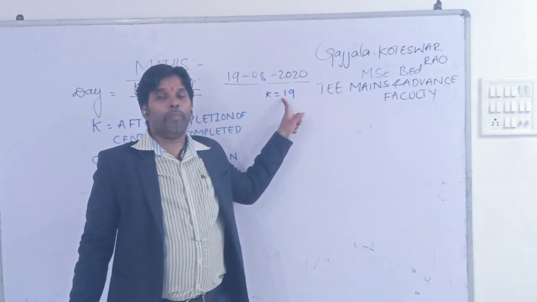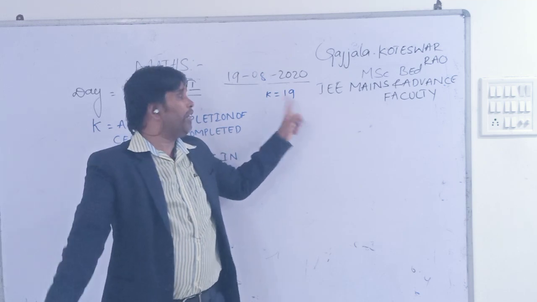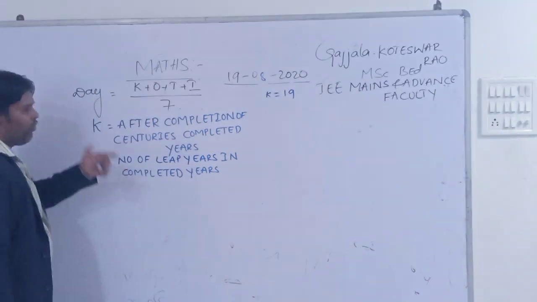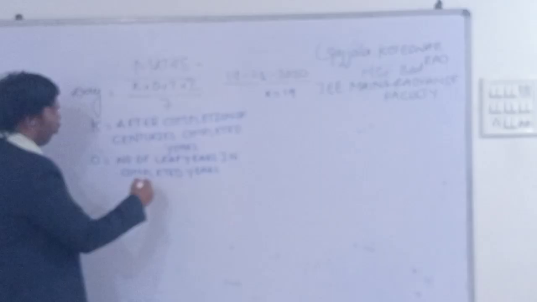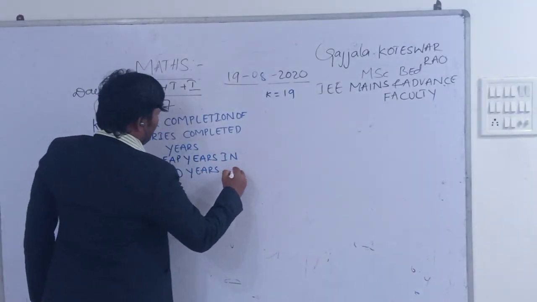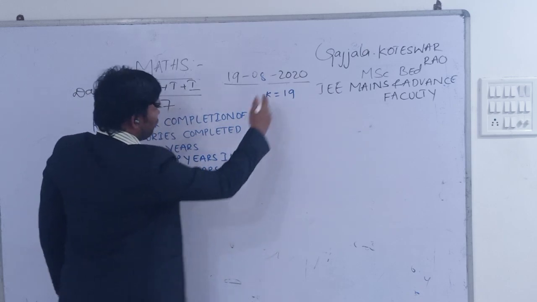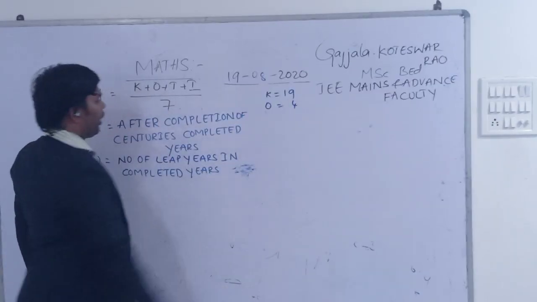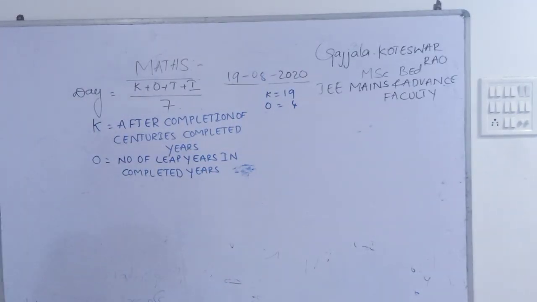In 19 completed years, how many leap years will come here? Just divide by 4. 4 4s are 16 and 4 5s are 20. That means only 4. Okay, only 4. And this is O, O value is 4.